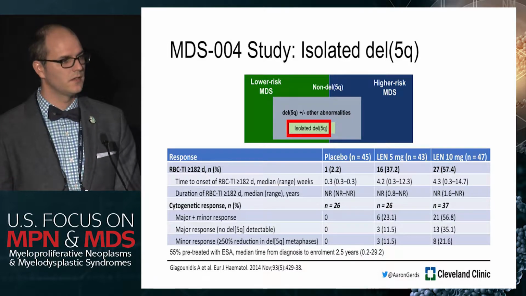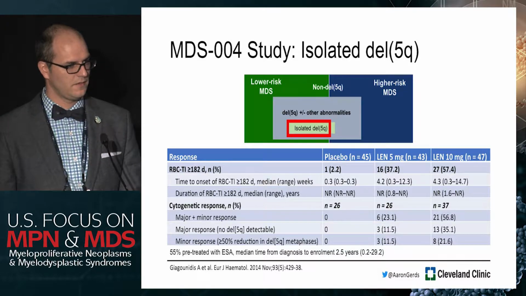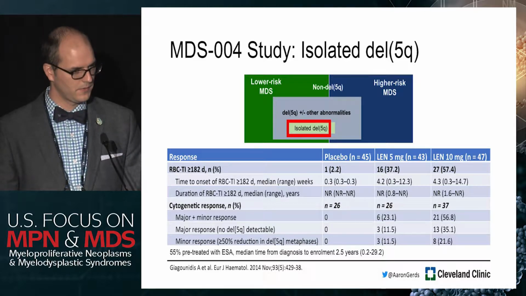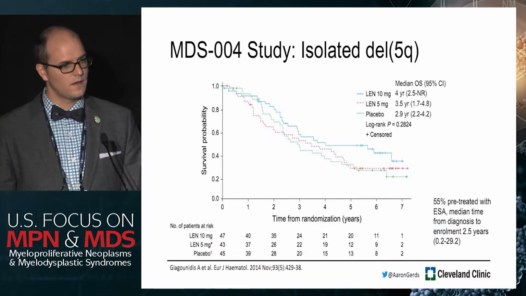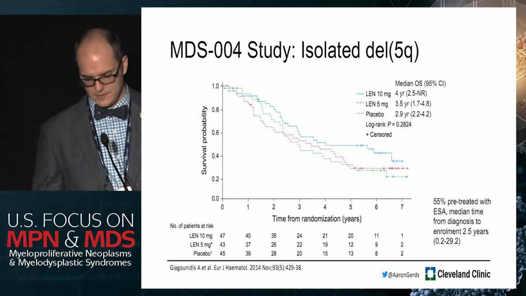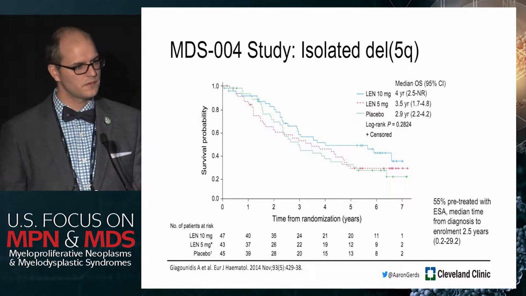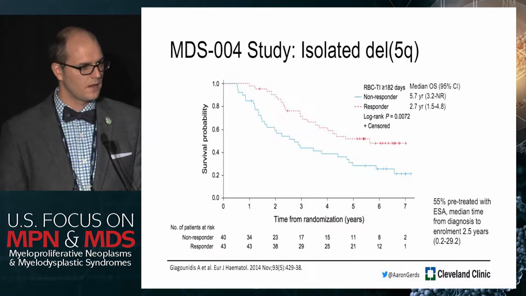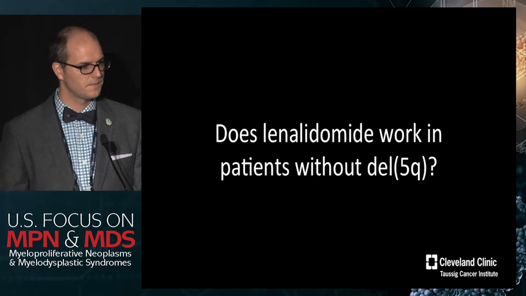So very similar, whether it's just the isolated del(5q) or a del(5q) with additional abnormalities in this population. Just like the full MDS 004 study, there was no survival advantage compared to placebo, but there was a survival advantage for those who did achieve red cell transfusion independence.